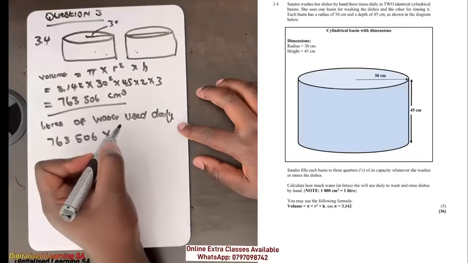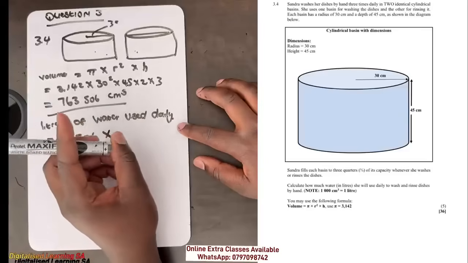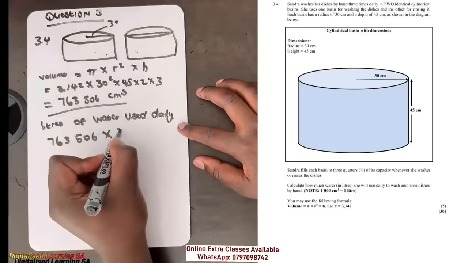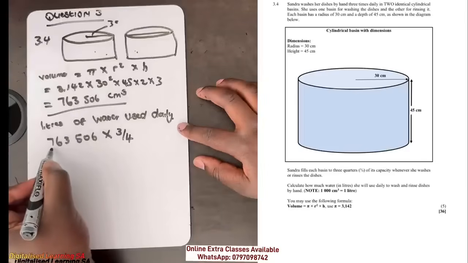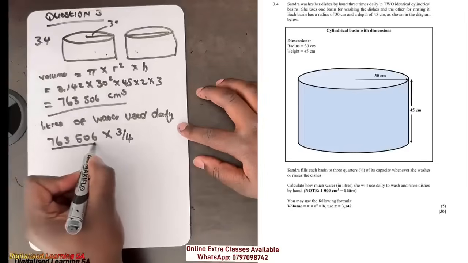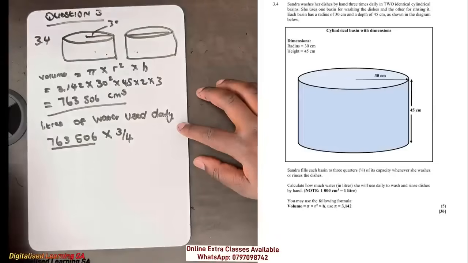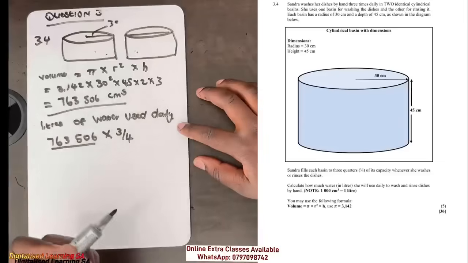So we know that she doesn't wash when the basin is completely full. So she washes when it is nearly full, when it is 3/4. So this is the volume when the basin is completely full, but she doesn't wash her dishes when it is completely full. She washes when it is 3/4, nearly full.